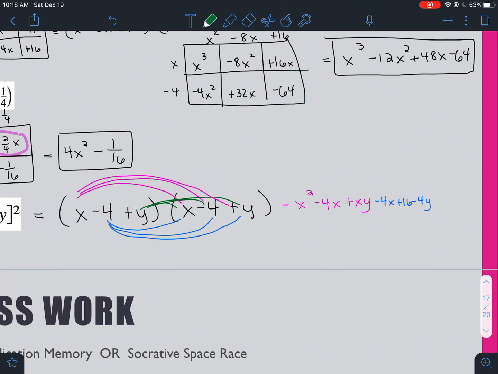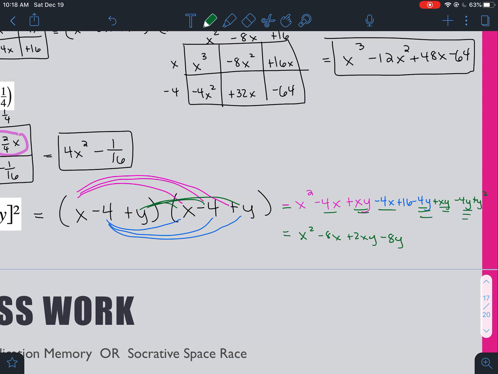And then we're going to do our last one. So we're going to distribute the y to x and negative 4 and y. And we would get plus xy minus 4y and plus y squared. And if you combine all your like terms, you get x squared, negative 4x and negative 4x is negative 8x. xy and xy make 2xy.